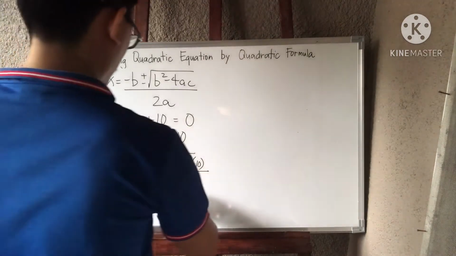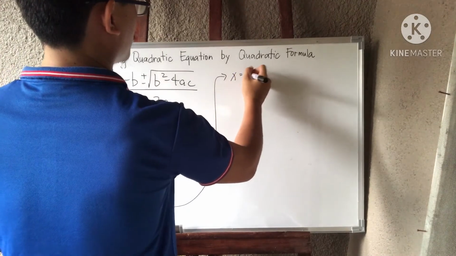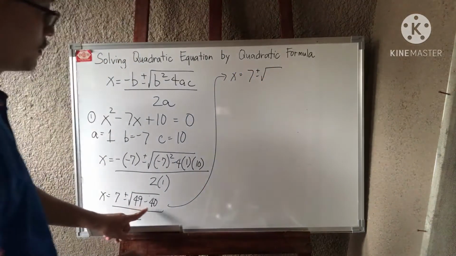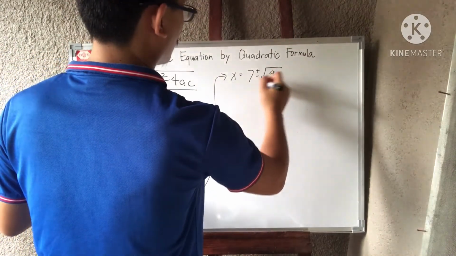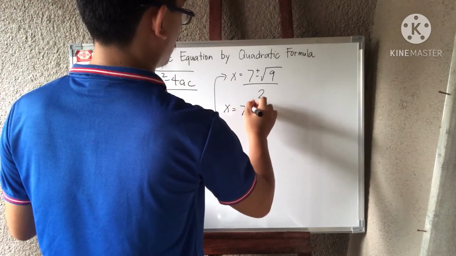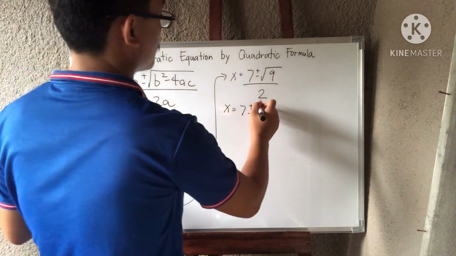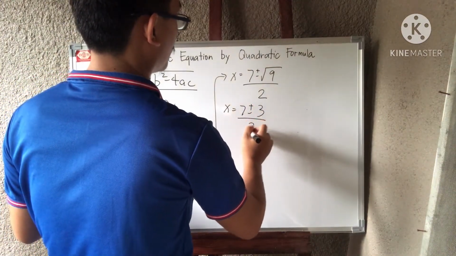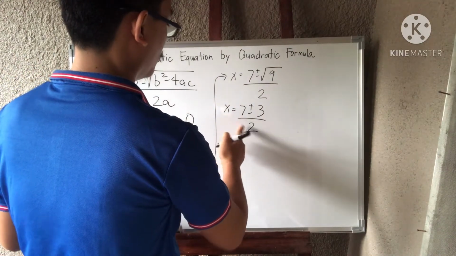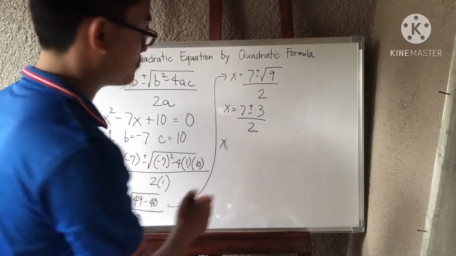All over 2. Then next, rewrite lang natin. x equals 7 plus minus the square root of 49 minus 40 is 9, over 2. x equals 7 plus minus square root of 9 is 3, over 2. So, there are 2 roots. Doon muna tayo sa first root. Kunin natin yung positive.